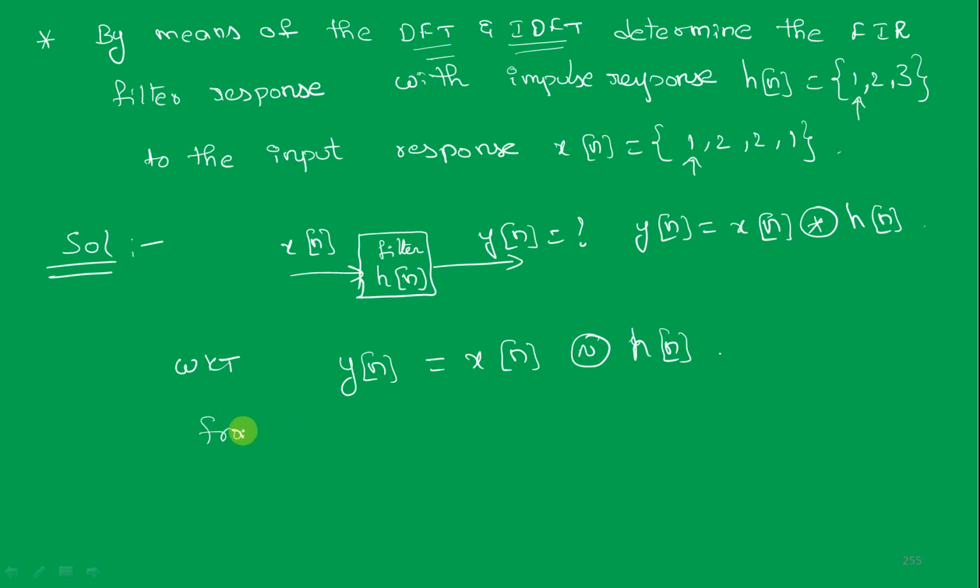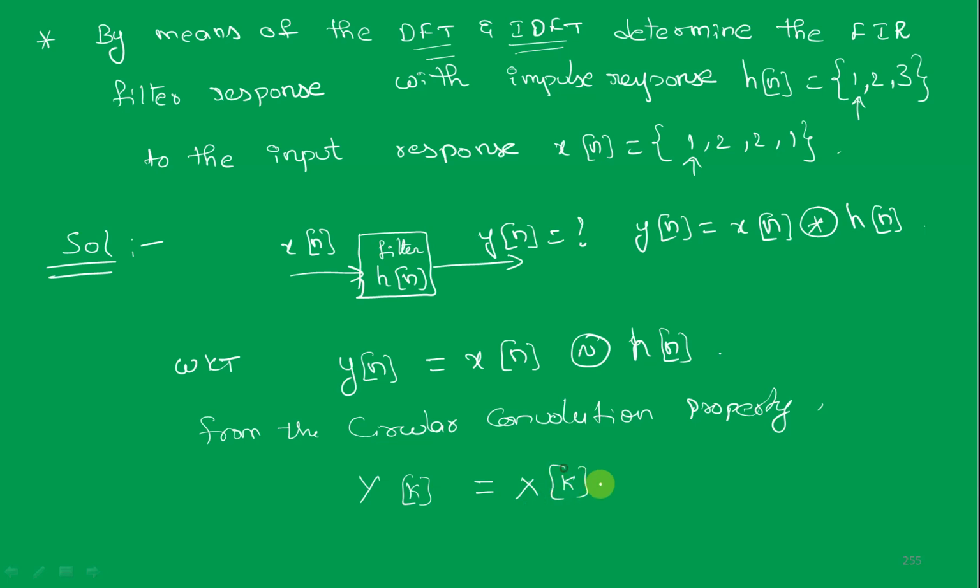From the circular convolution property, DFT of y of n is Y of k. DFT of x of n circularly convolved with h of n is nothing but X of k into H of k. So first determine DFT of x of n, then DFT of h of n, then multiply these two, then you can get the Y of k.